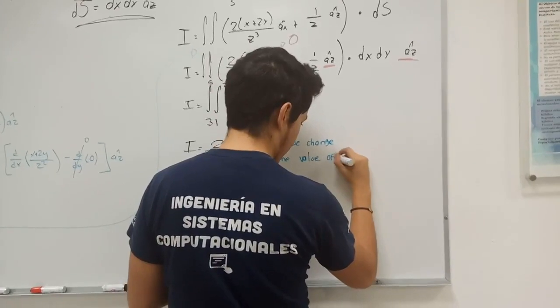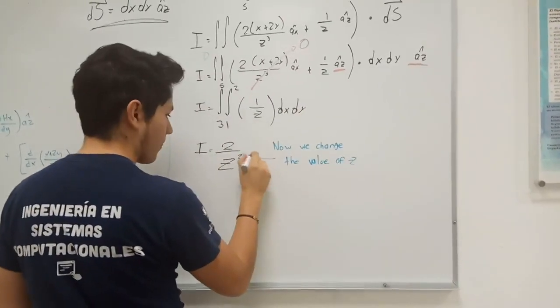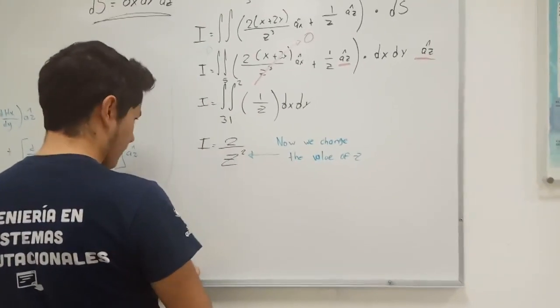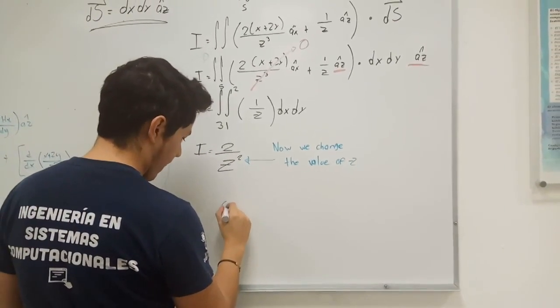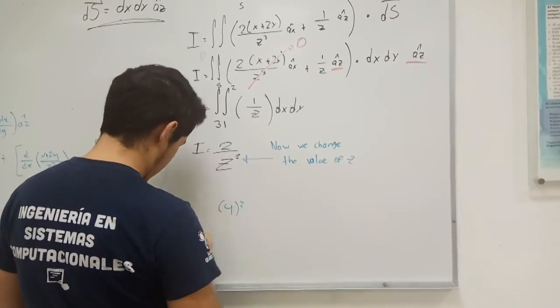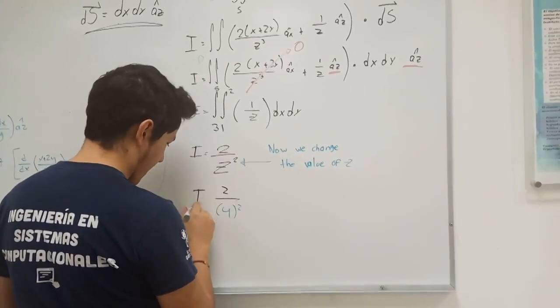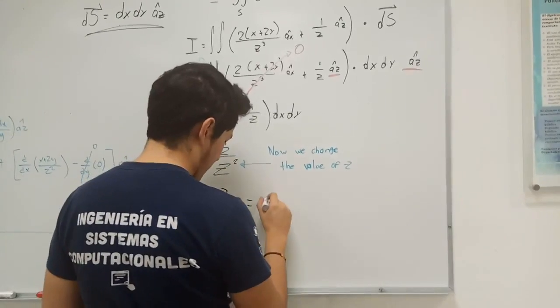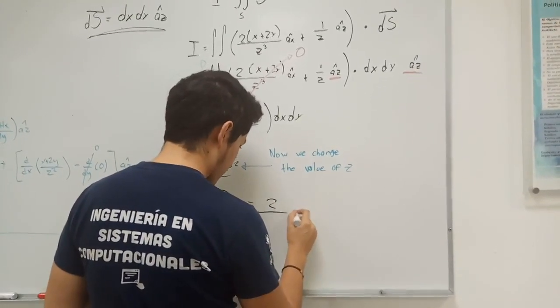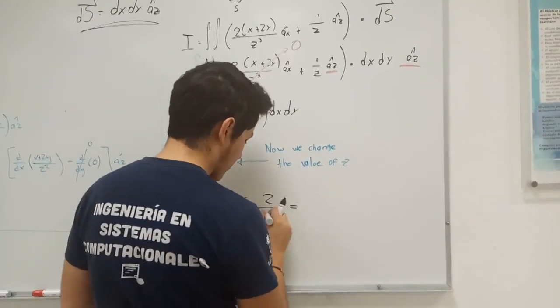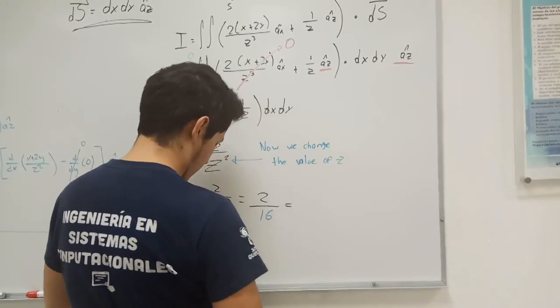Now we can proceed to substitute the value of z, which is 4. That gives us a fractional number, 2 over 16. And if we reduce it to its minimum expression, we get 1 over 8, as you see here in the video.